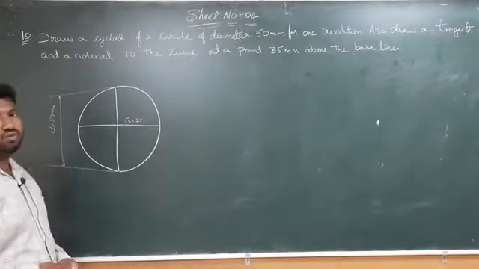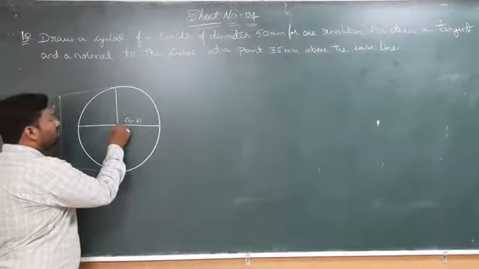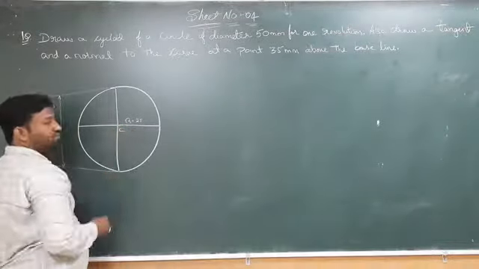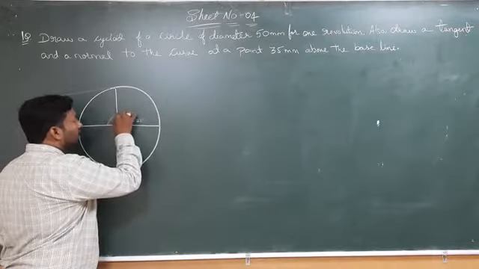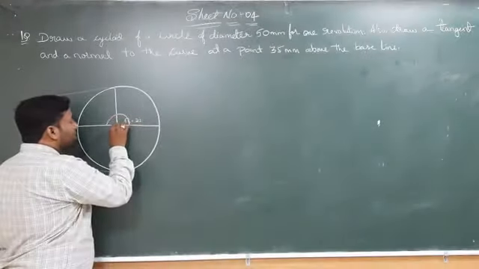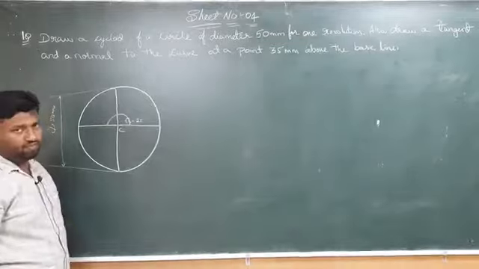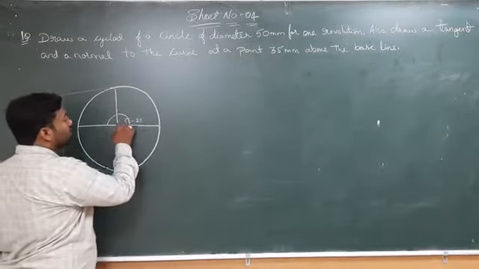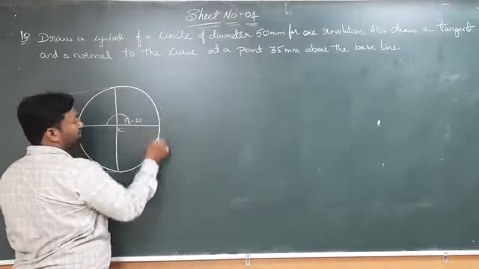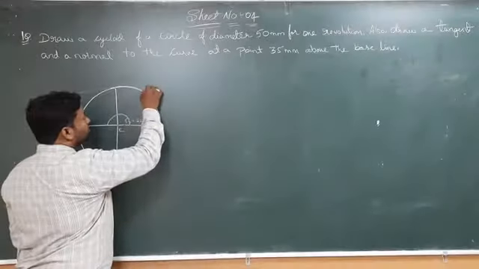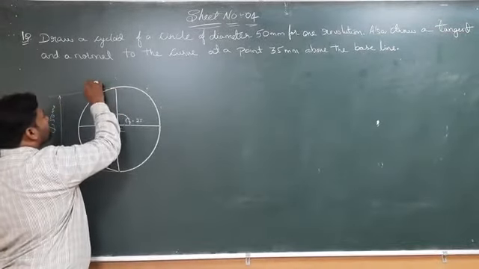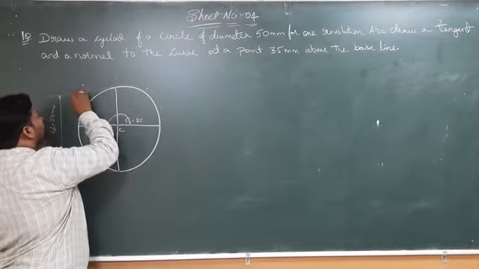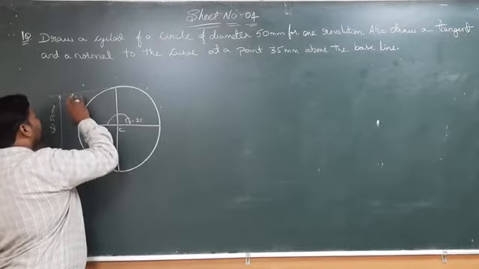For that we need a protractor. We mark this point as the center C, place the protractor at the center, and mark the degrees: 30 degree, 60 degree, 90 is already there. Next we go for 120 degree, 150 degree and 180 degree.